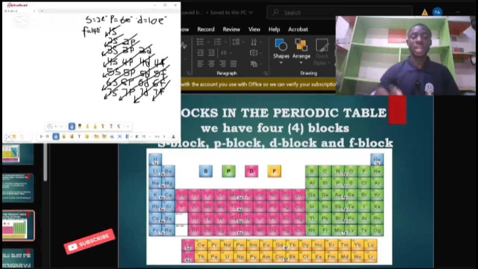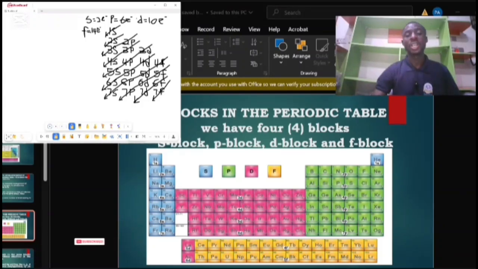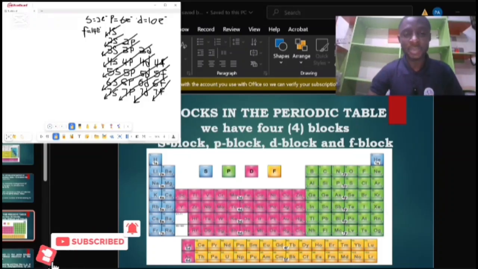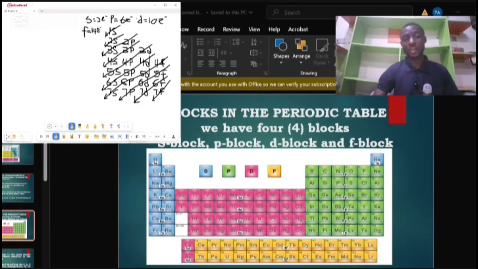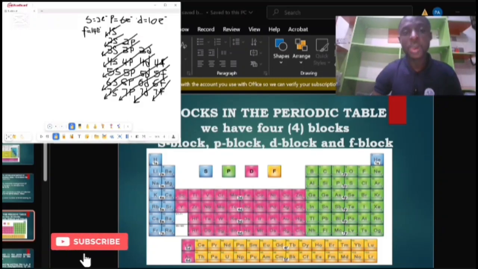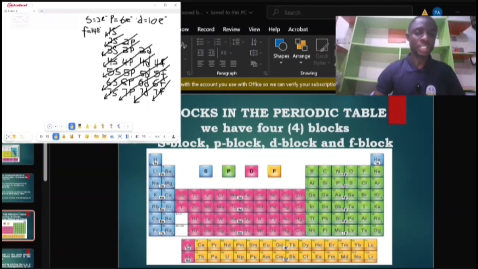This is the diagram, or the pattern, that we use in writing the SPD and F electronic configuration of elements. Know that the S orbital can carry a maximum of 2 electrons. The P orbital cannot carry more than 6. D cannot carry more than 10. And F cannot carry more than 14.